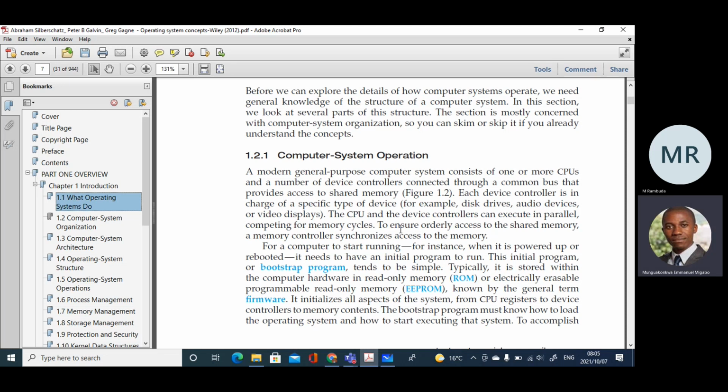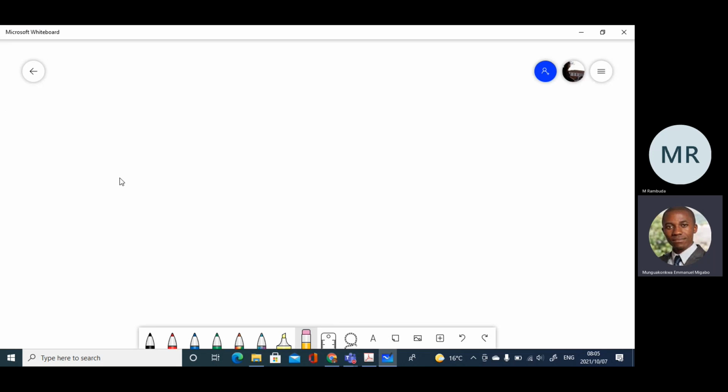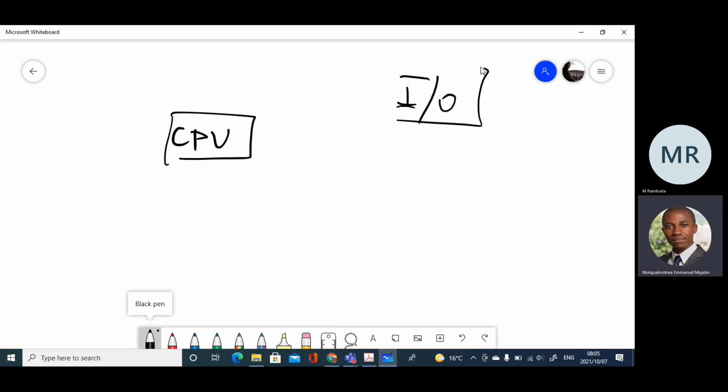The CPU and the device controllers, because as part of processing, the core of processing is actually the CPU. The CPU sits at the core of processing, but every IO, input-output peripheral, also normally has its own interface controller, a device controller, basically.